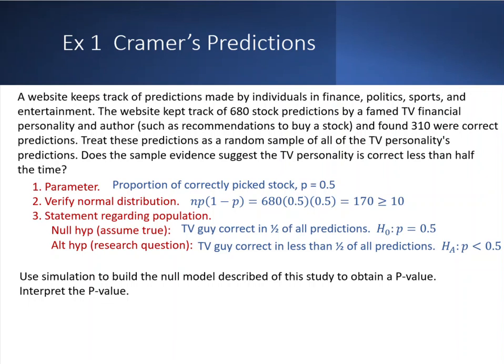Remember, the p-value is our probability of getting a sample, such as what you see on the screen up there, a sample of 310 out of 680. It's the probability of getting that sample or less, assuming he's really correct in half of our trials. So I'm going to turn to StatCrunch and let's open up a simulation app there.